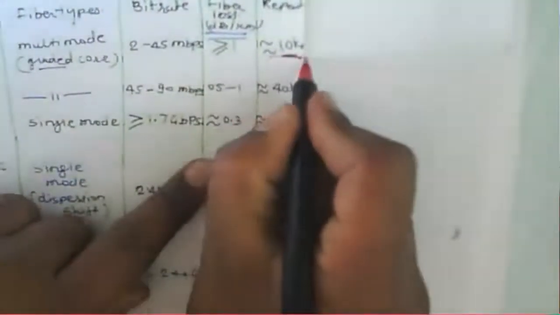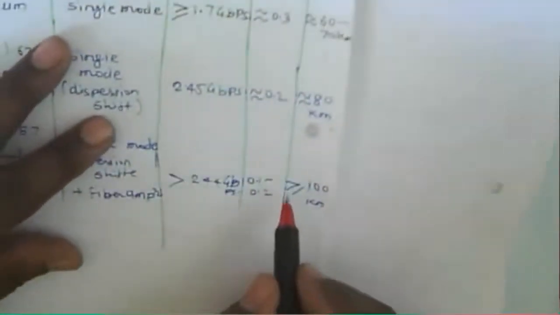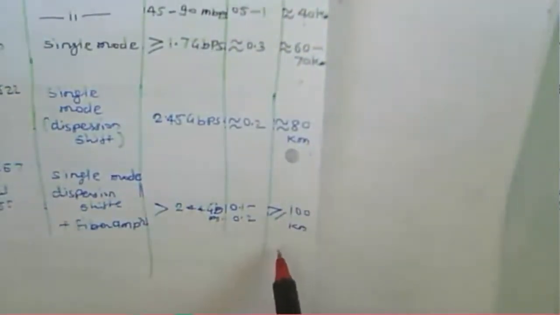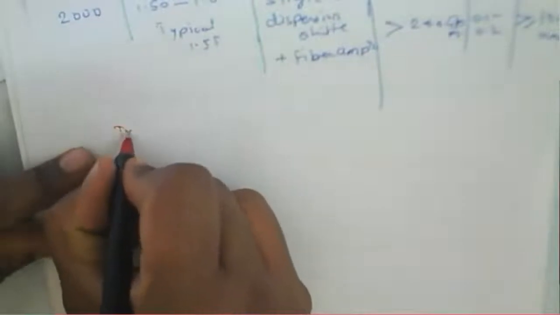Now come to the topic here. I told you earlier it was 10 kilometer, then 40 kilometer, then 70 kilometer, then 80 kilometer, and then 100 kilometer. Day by day advancement occurs in the fiber, and nowadays a repeater is used at about 100 kilometer distance.